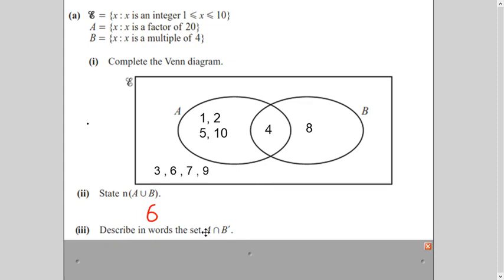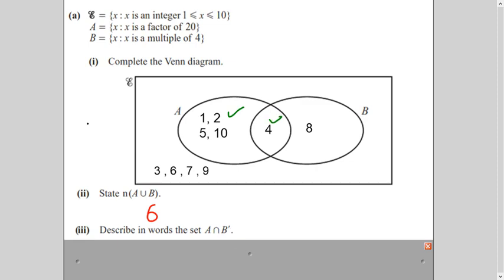Describe in words the set A intersection B complement. So first of all, you should know which portion is called A intersection B complement. I've explained this in video 1 in detail, all the shading. So we know A means this portion and this portion.